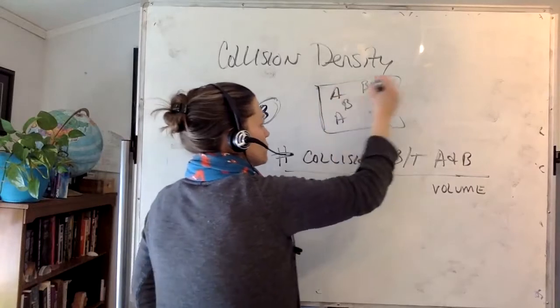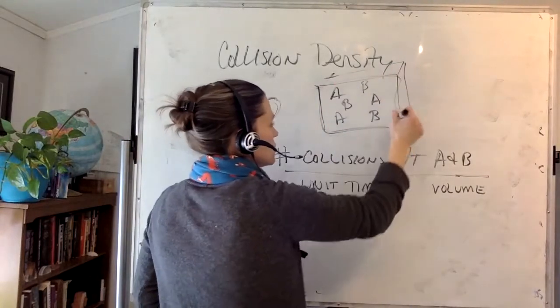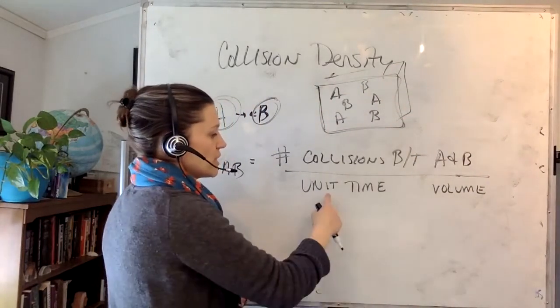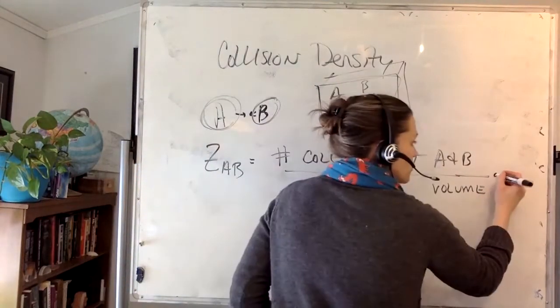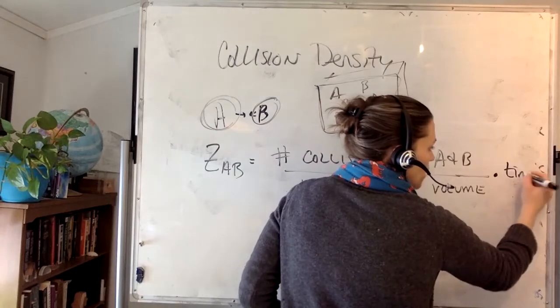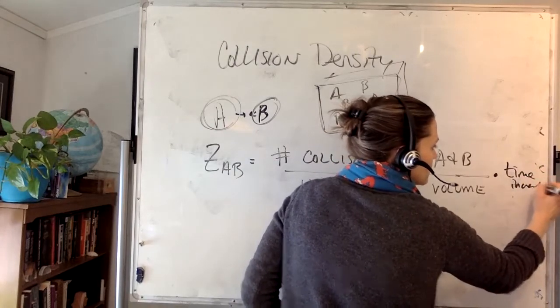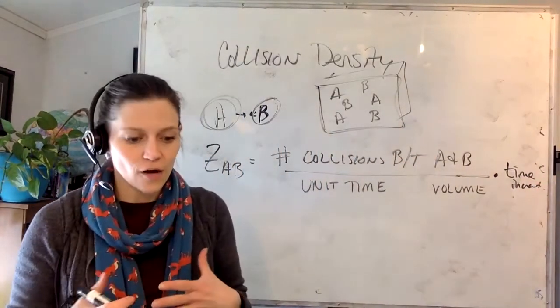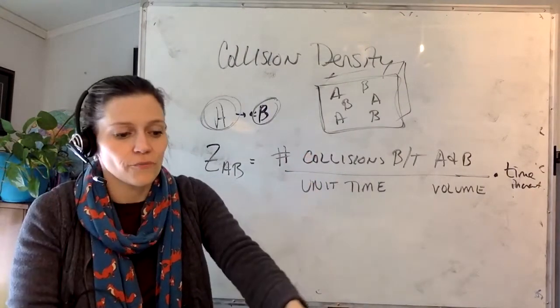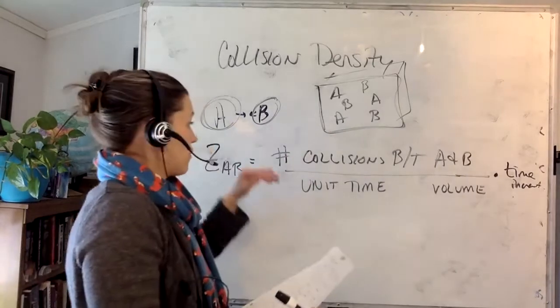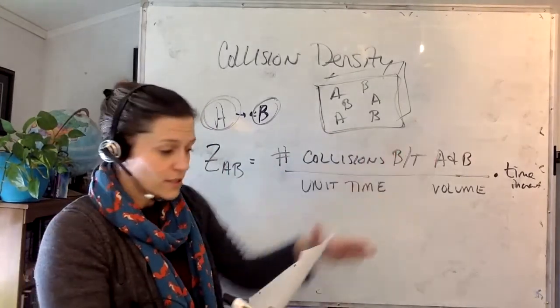So here's my volume value. So some box. But then you want to say, okay, how many collisions happen per time? But then you actually want to multiply by a time increment. Okay, so you want to know, well, how long is the duration of time that you're measuring over? So that's the idea behind the collision density.